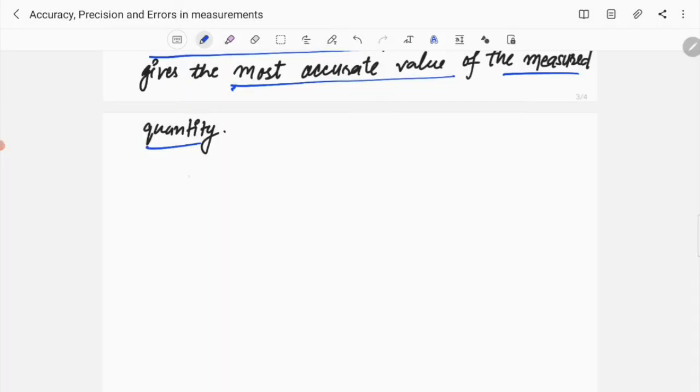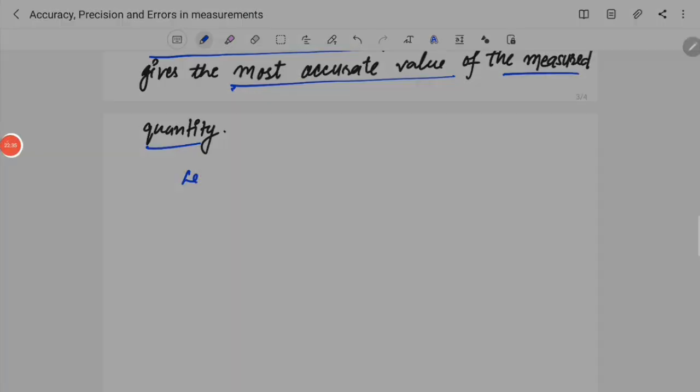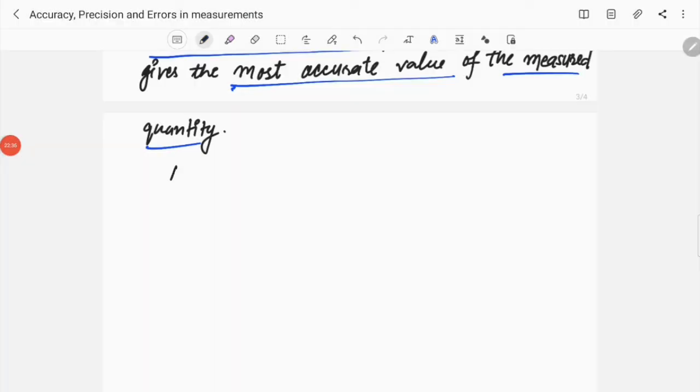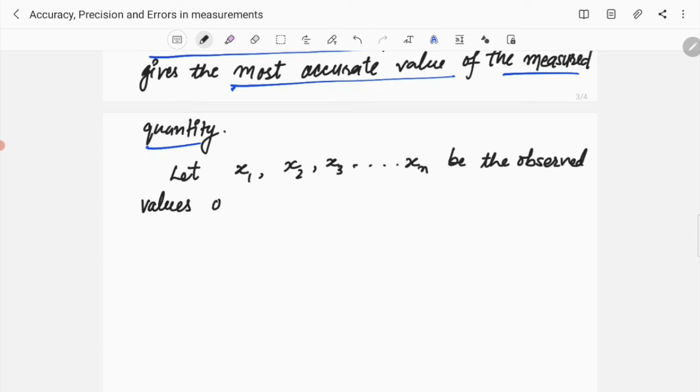So let x1, x2, x3 up to xn be the observed values of a physical quantity during several measurements.